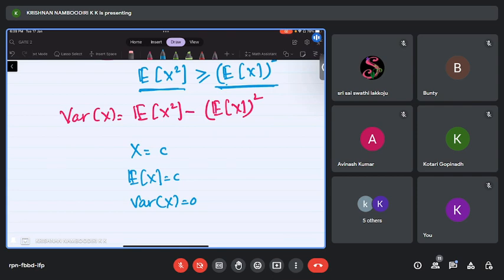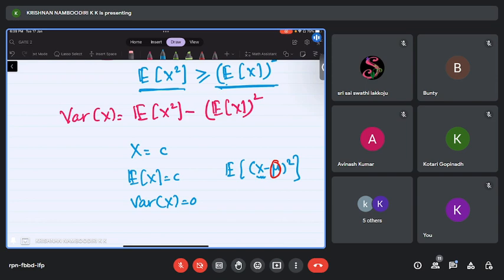On an average, how far a random variable X can differ from its mean mu. That is the meaning of variance. If X is a constant, then there is no differing from the actual mean. Mean is the constant itself. So variance is 0.